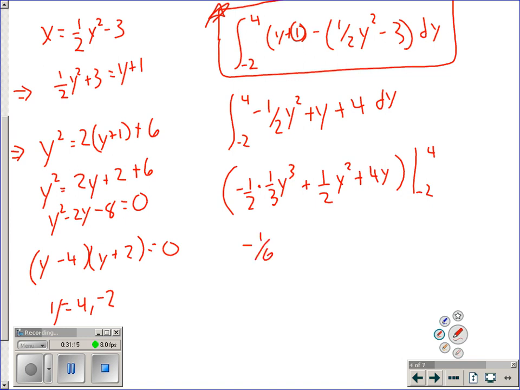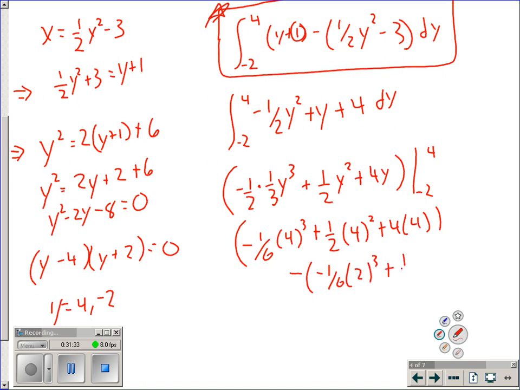And so that's negative 1/6 times 4 cubed plus 1/2 times 4 squared plus 4 times 4, minus everything with a negative 2 plugged in. So negative 1/6 times negative 2 cubed plus 1/2 times negative 2 squared plus 4 times negative 2. I will let you solve that one out, but what I ended up getting was equal to 18.